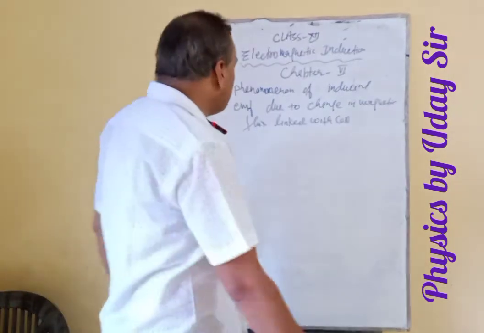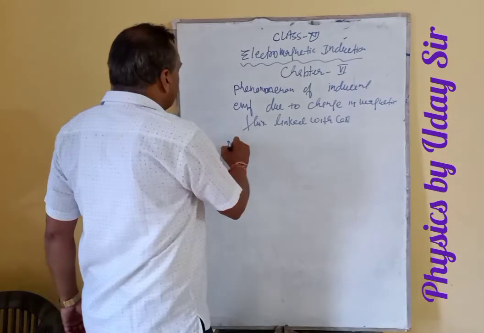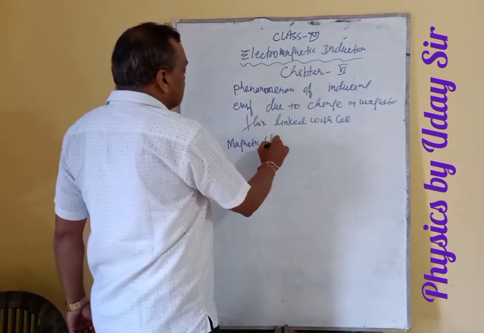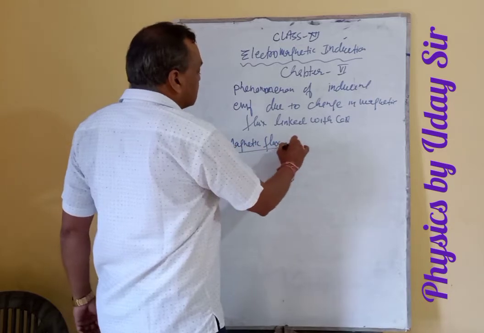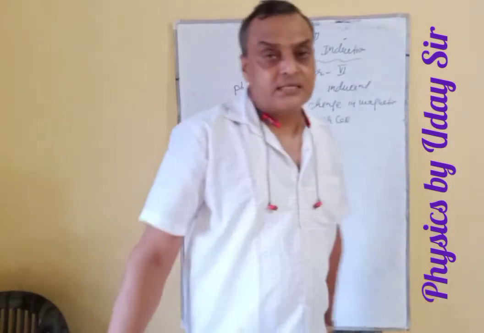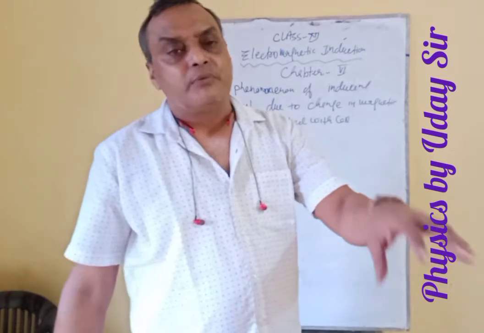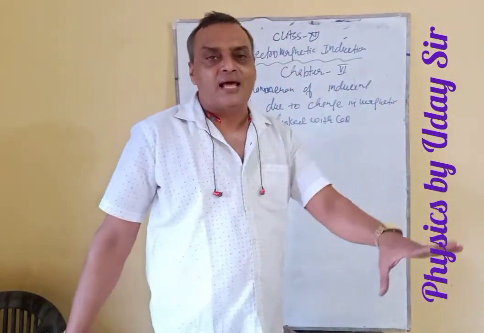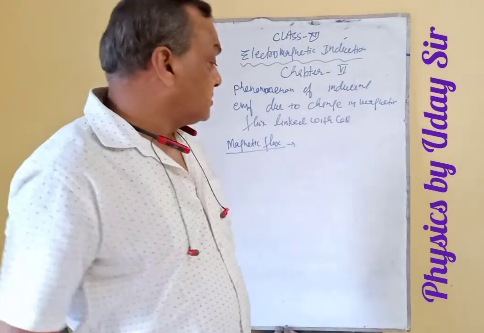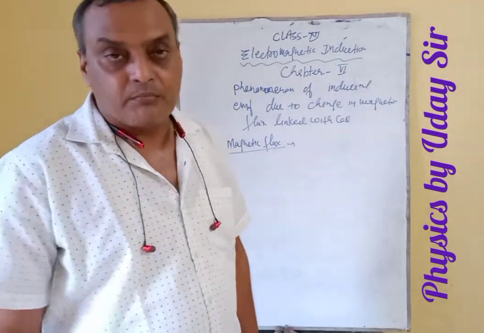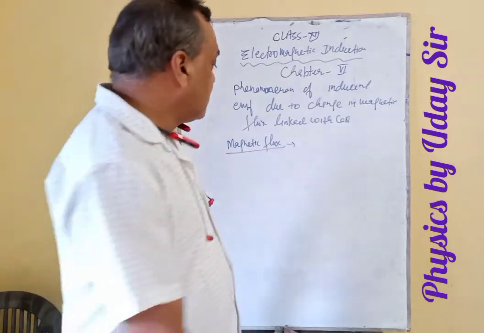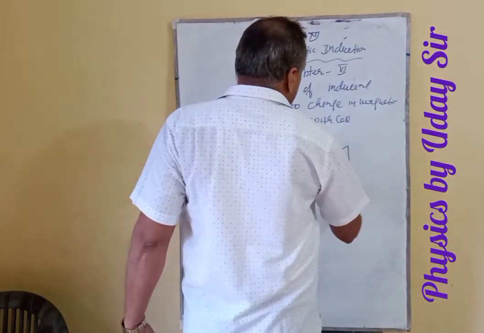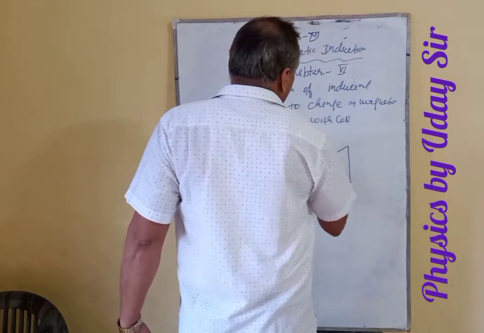So first of all, you have to understand what you mean by magnetic flux. Like the electric flux I told, like the flow of liquid, but here we do not consider the flow of liquid, we consider the flow of field lines.